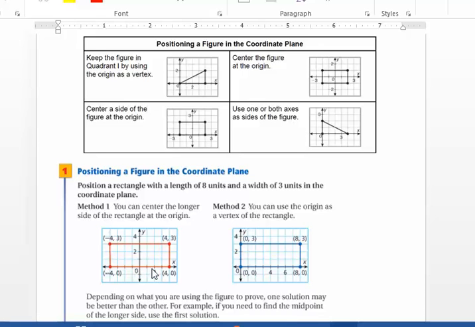So if it's 8 long, you would put 4 on the left and 4 on the right. This is the way I probably would have done it if I was given the option, where I would put one of the vertices of my rectangle right at 0, and then 8 units over, I just have to move over to 8 on the x-axis. And 3 units up for the height, or the width, means you go up to 3, and then you figure this out.